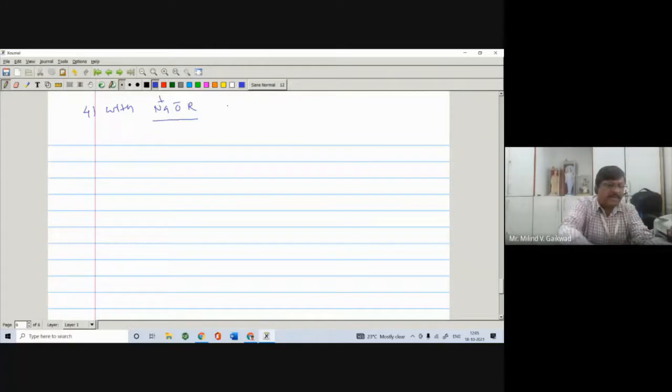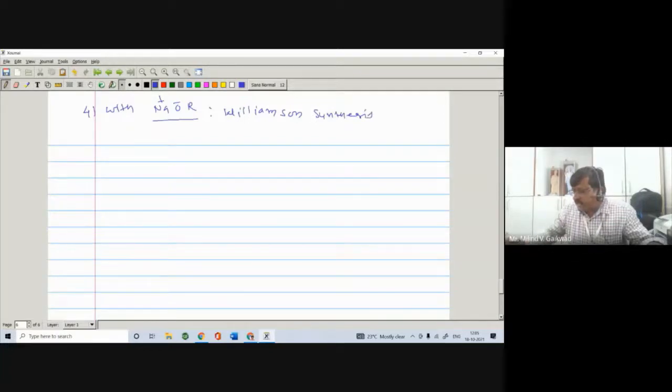It is one of the name reactions, Williamson synthesis. So here the alkyl halide RX reacts with sodium alkoxide, right? Then what happens?